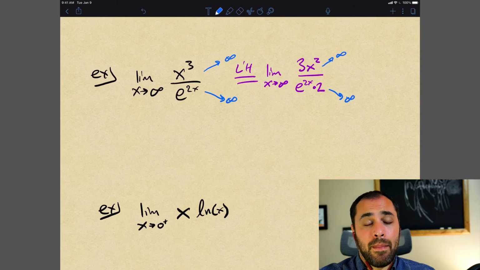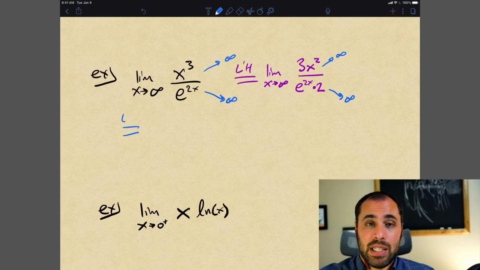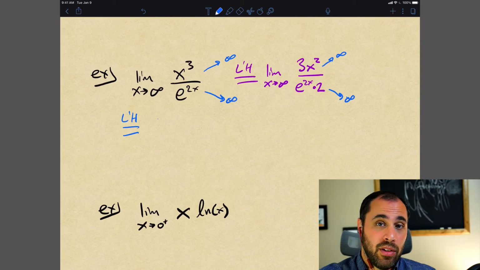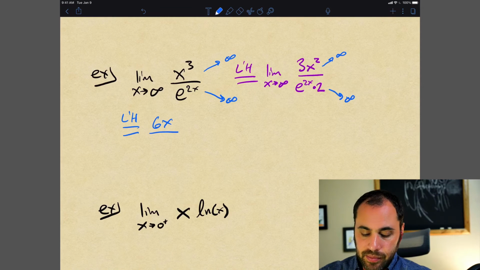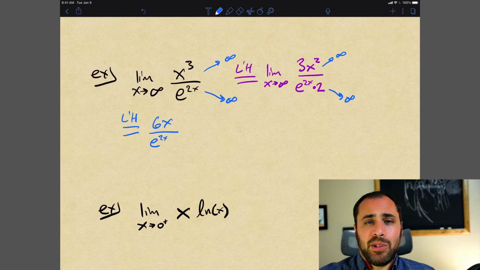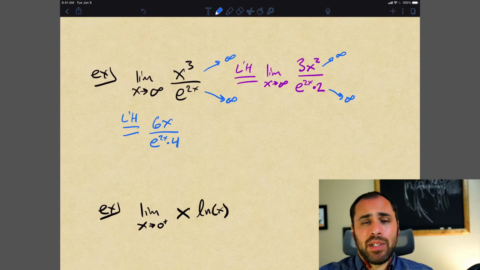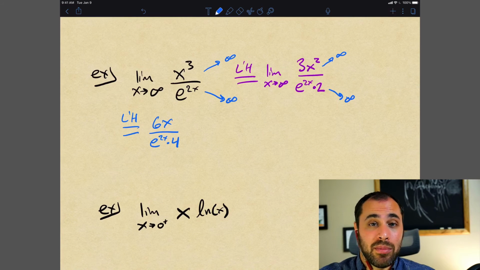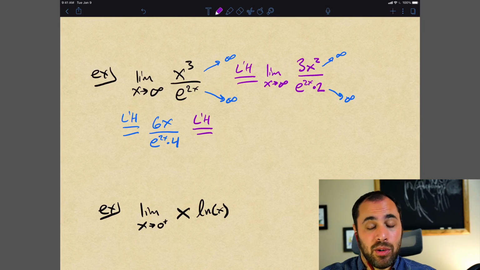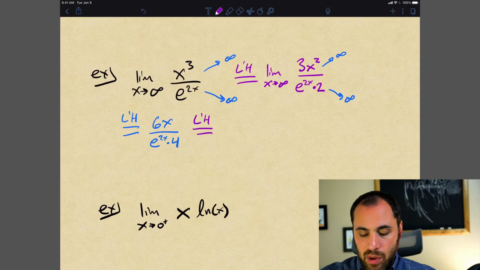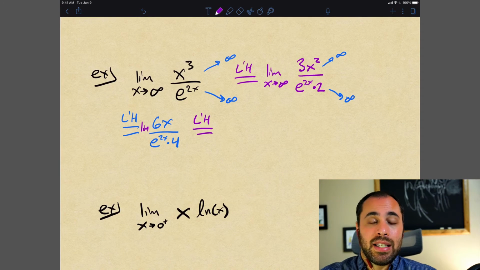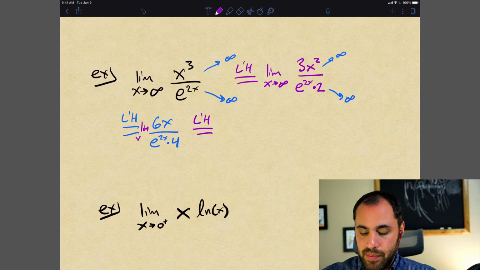Unfortunately, it's not much easier. We still get infinity over infinity or something that looks like that. So what we'll do is apply L'Hopital's rule 2 more times. You can check at the next step, again, we have an indeterminate form. And while the limit's not any easier to take, it's getting a little better each time.